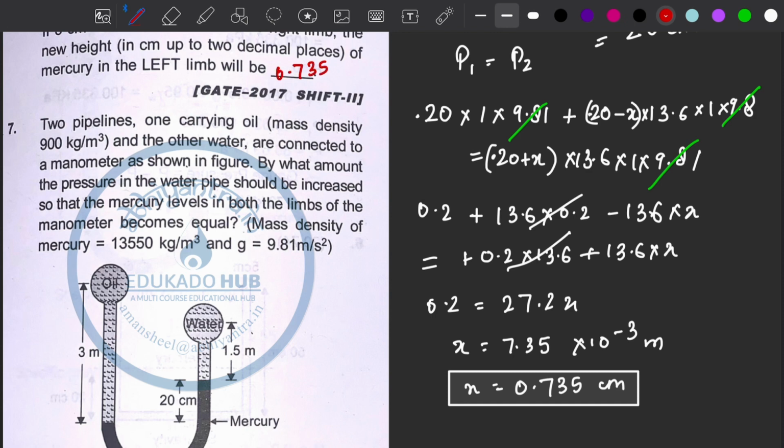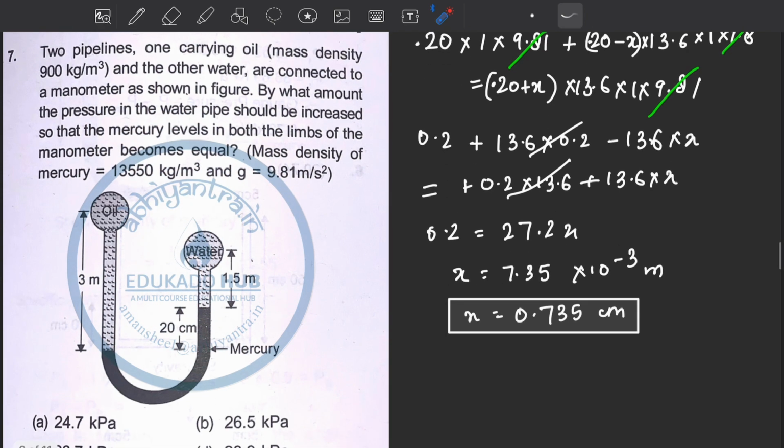0.735 in centimeter. Next is two pipelines, one carrying oil, mass density 900 kilogram per meter cube, and other water, are connected to a manometer shown in the figure. By what amount the pressure in the water pipe should be increased so that the mercury level in both the limbs of the manometer becomes equal.